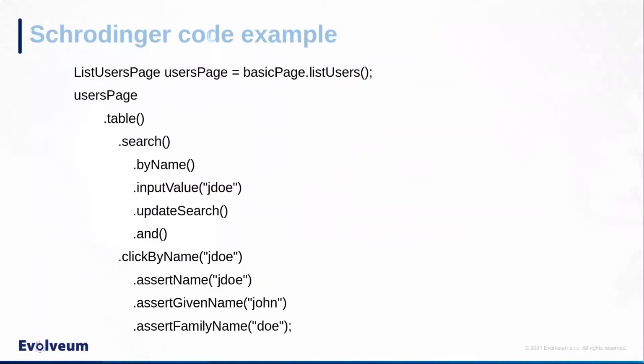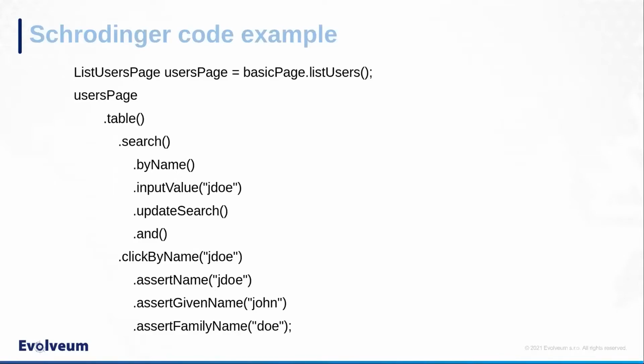So we can look at this piece of code. We are opening users list page, and we are taking table element on it. Then we are taking search, and we are trying to search an object by its name.